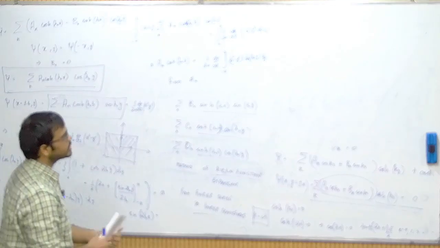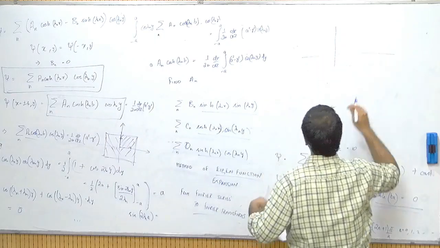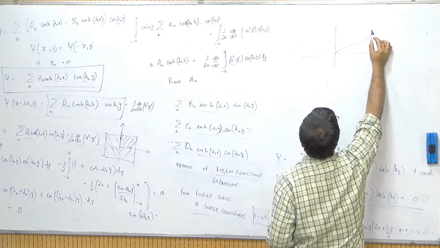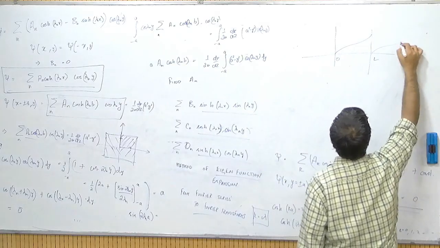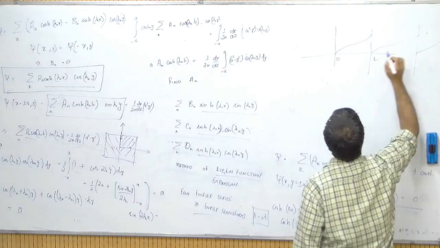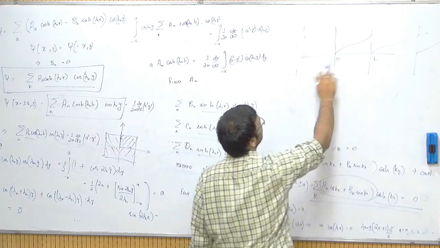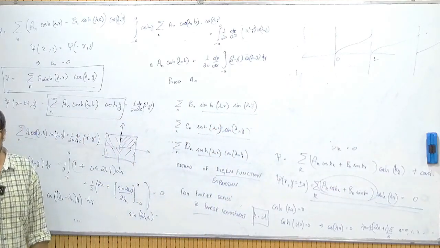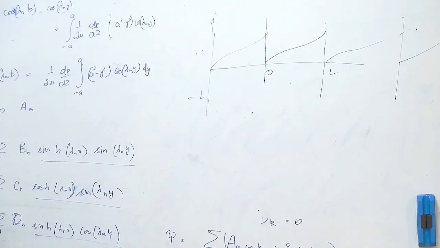Whenever you have a function defined on a bounded domain, let us say from 0 to L, what you do is repeat this function and make a periodic function out of it, and then express it using Fourier series, with capital L as the period of the new periodic function you have extended.